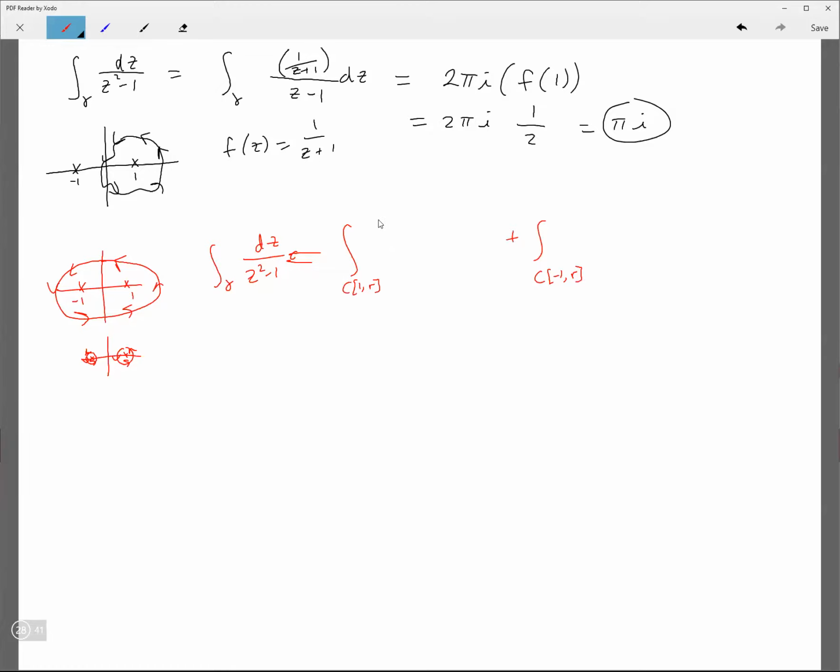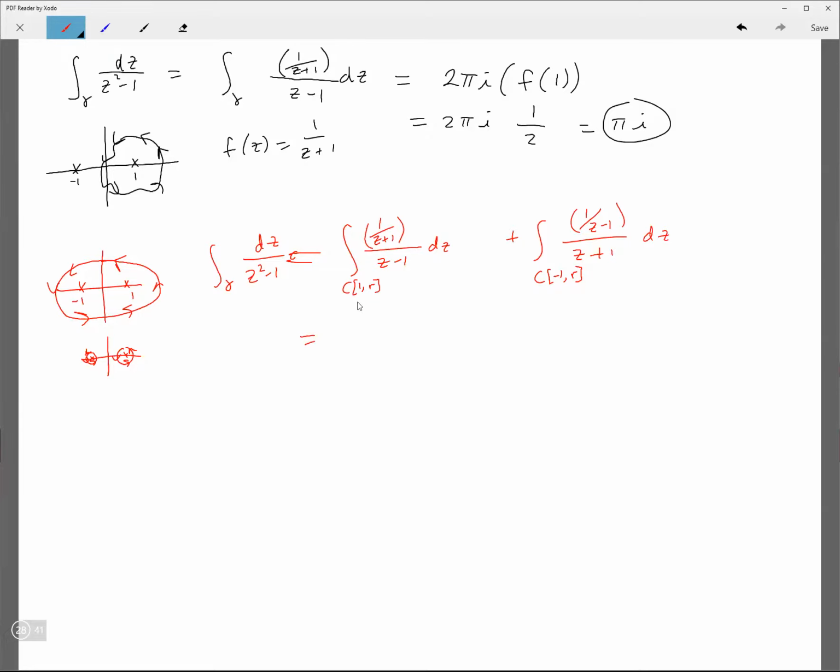This one would be 1 over z plus 1 over z minus 1, because that's where your singular point is, or your point where the function is not differentiable, not holomorphic. And then this one would be 1 over z minus 1 over z plus 1, about the -1.